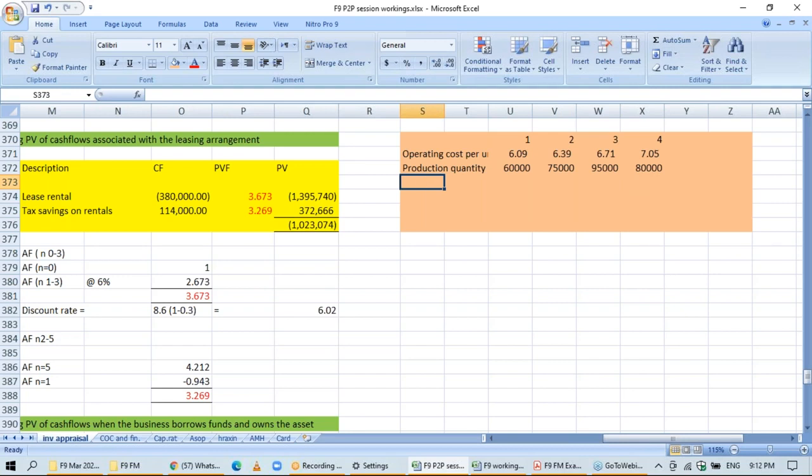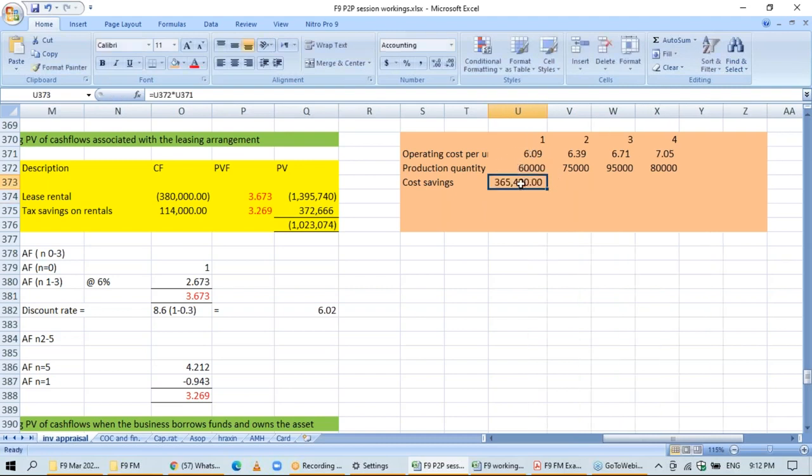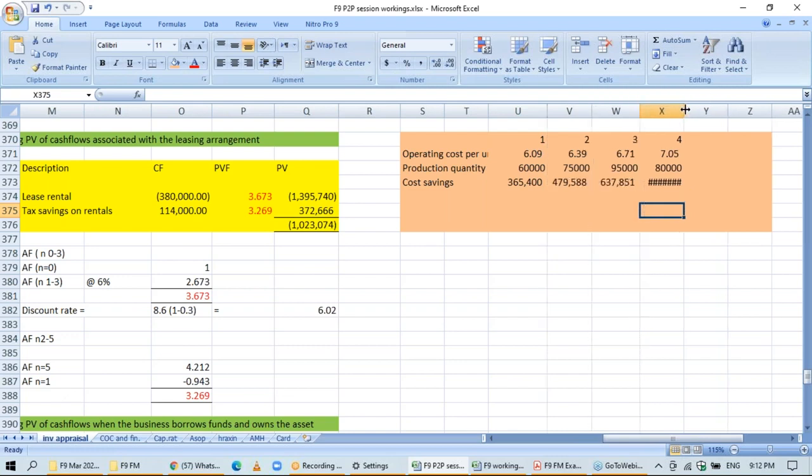Now this results in cost savings per annum: 60,000 into 6.09. So there you get the savings. So these will be the savings per annum.